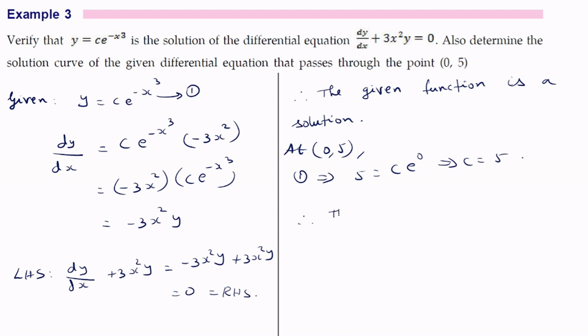Therefore, the required solution is y equal to 5 into e raised to minus x cube. So this is the solution curve which passes through the point 0, 5.